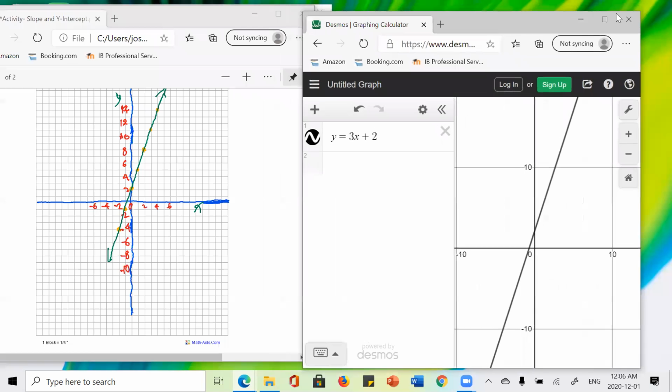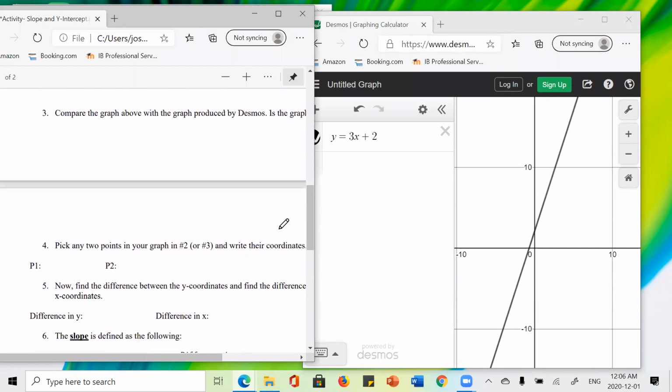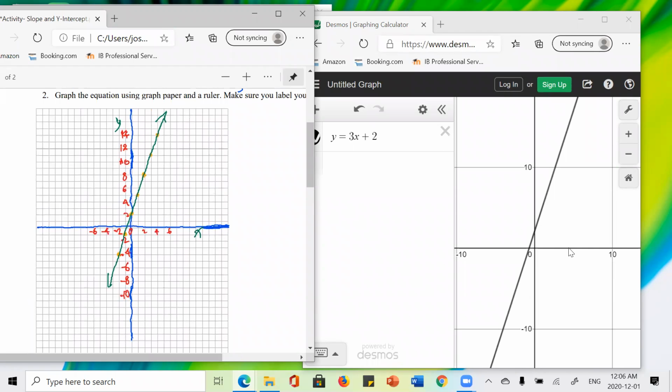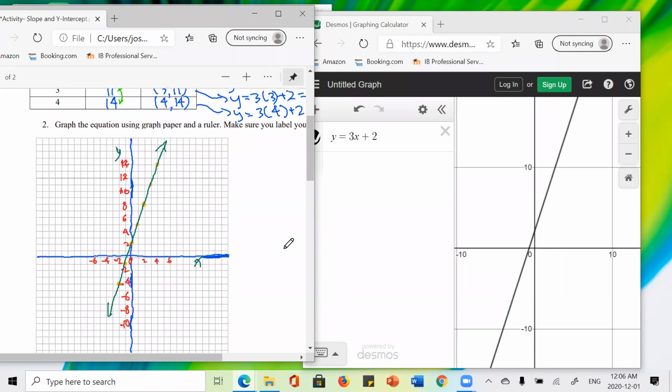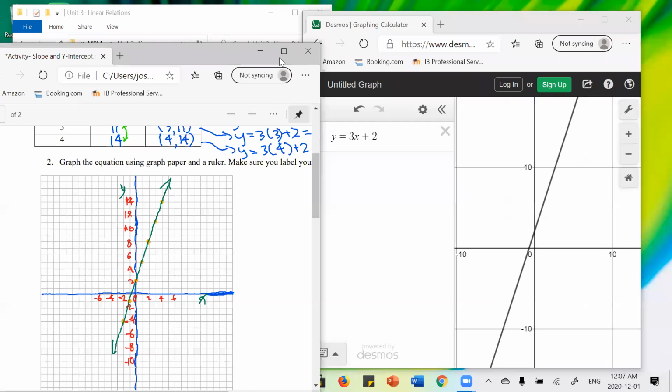Now I want to compare them directly, and for this next example, for question 4 and question 5, I can either pick points from the graph here that I did using Desmos, or I'll pick the graph here. Now, even before we start analyzing this, I think some of you might already start to see a pattern here.